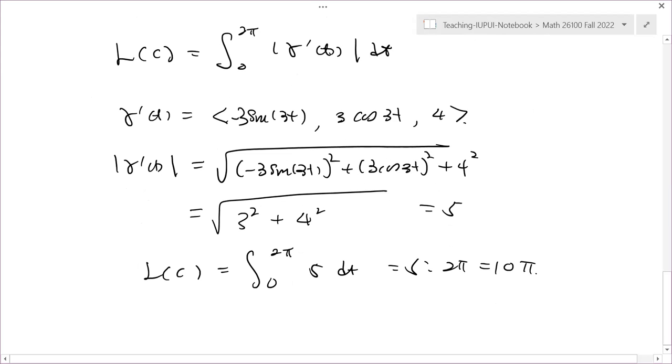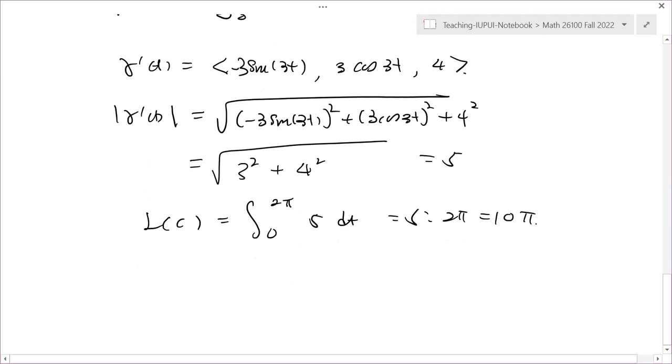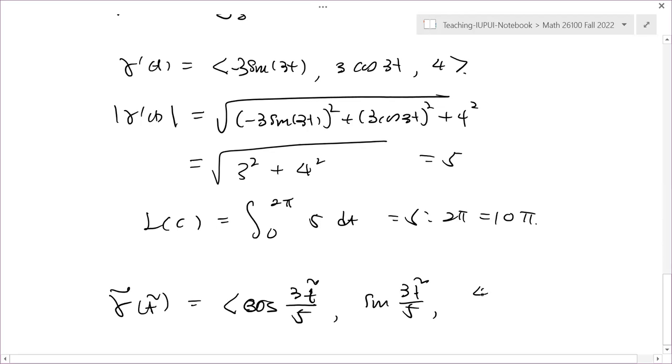You can reparameterize with another parameterization. You can normalize. You can let gamma tilde of t tilde be cosine of 3 t tilde over 5, sine of 3 t tilde over 5, and 4 t tilde over 5.